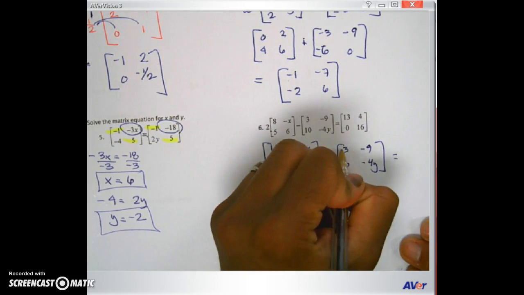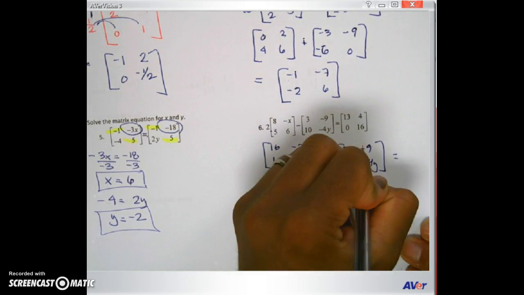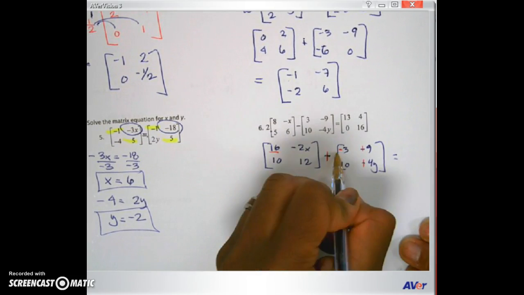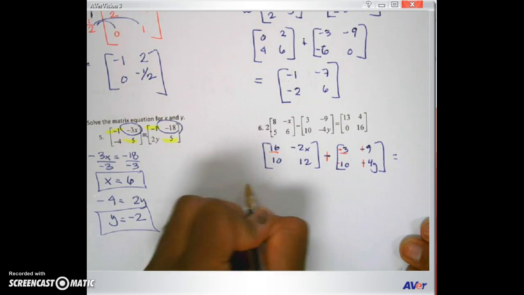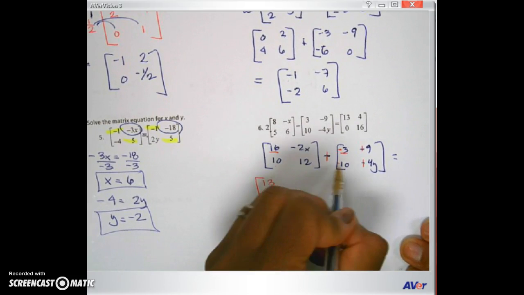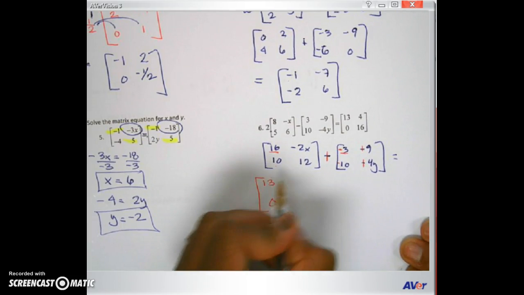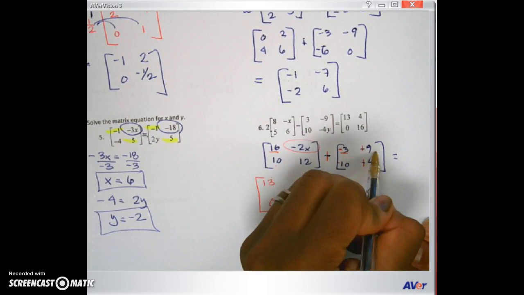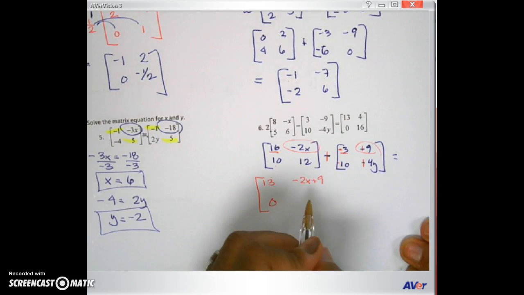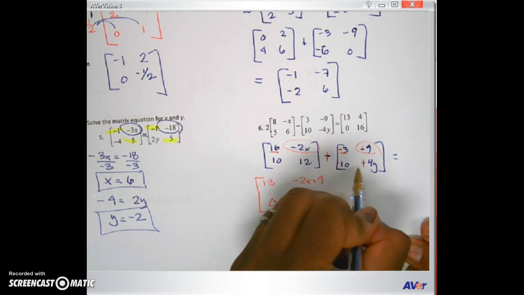So add opposite, opposite, opposite, and opposite. Combining like terms, 16 plus negative 3 is 13. 10 plus negative 10 is 0. Negative 2x and plus 9, we can't combine those. So I'm just going to write it as an expression. Same thing, 12 plus 4y.